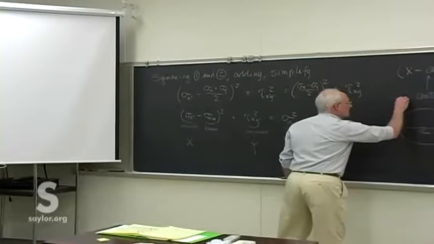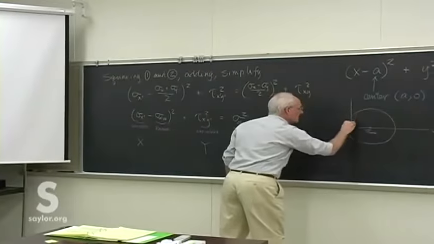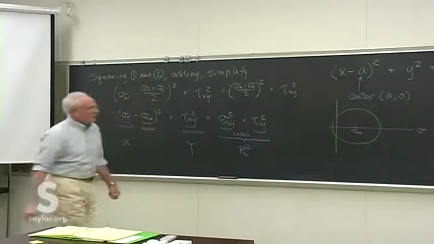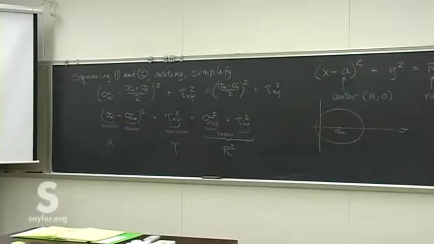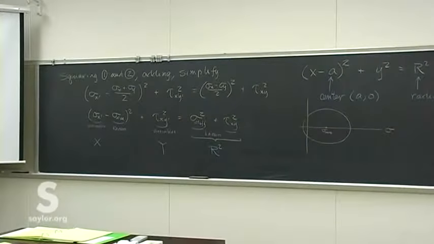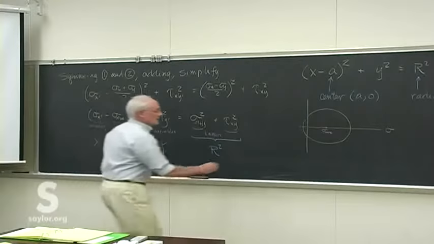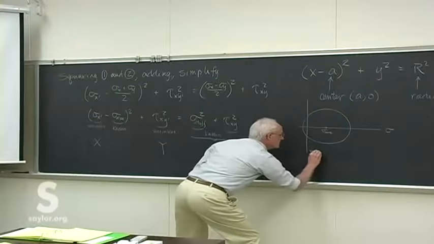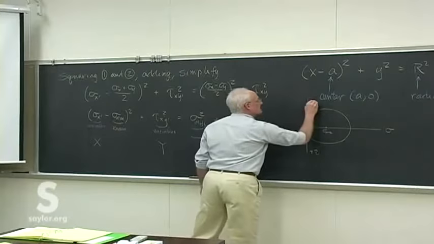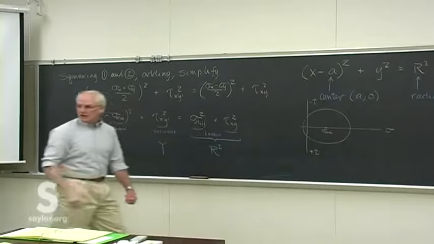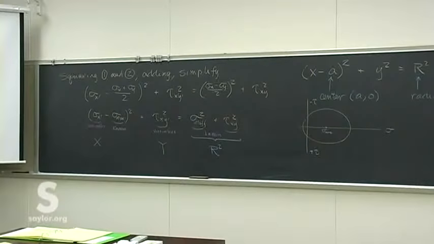In the vertical direction, we'll put the shear stress axis. However, it's upside down. This is the positive shear direction, this is the negative shear direction. And I'll show you why we've done that in a couple minutes when we go through a problem.